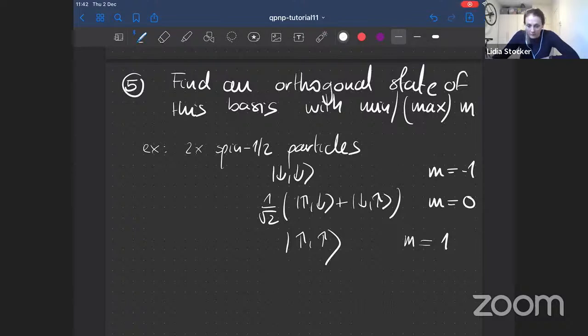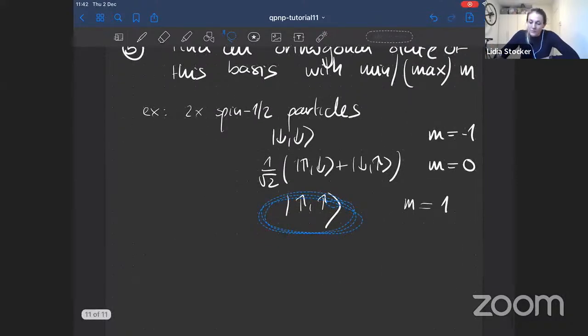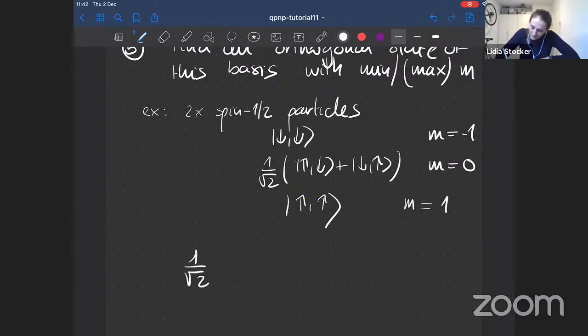So it's not orthogonal. Same for up, up. No chance to find a state orthogonal to this basis with m equal to 1. The only possibility is here, 1 over square root of 2 of up, down minus down, up. Now, this case is a bit special because it's the simplest one, and this is actually the only state.